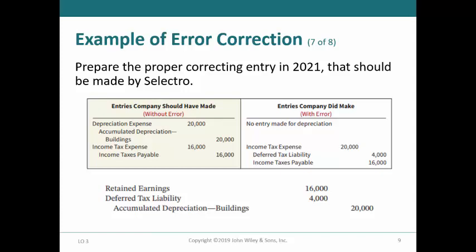The net income that was overstated by $16,000 would be debited to retained earnings. Also, the deferred tax liability that was recorded in error would need to be reversed, so we will debit it for $4,000. We also need to record the $20,000 of accumulated depreciation buildings by crediting it.